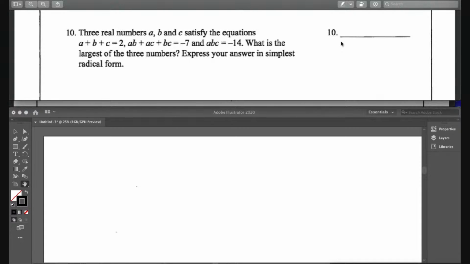Okay, so for team MathCounts, you're allowed a calculator, up to a CAS calculator. If you have a CAS calculator, this is just three equations, three variables, and you can plug it in.